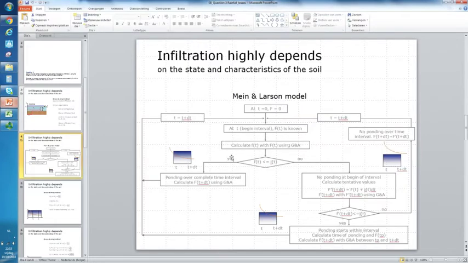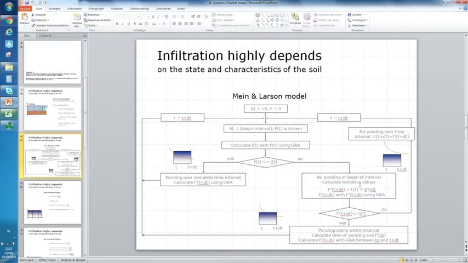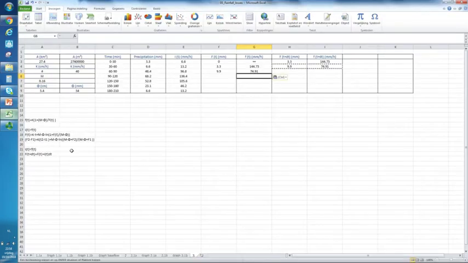So we're here in the case where we have ponding at the start of this next interval. Now we should use the Green and Ampt formula and not the basic formula, the tentative one where everything infiltrates. So we should use the Green and Ampt formula that is mentioned over here.